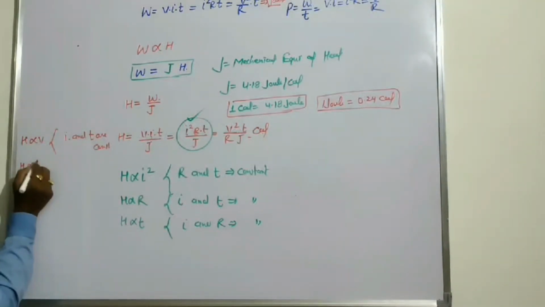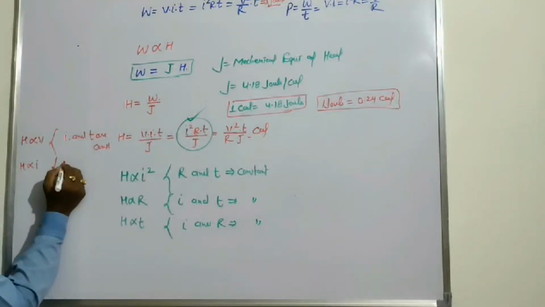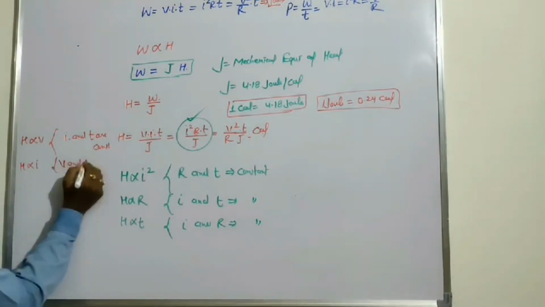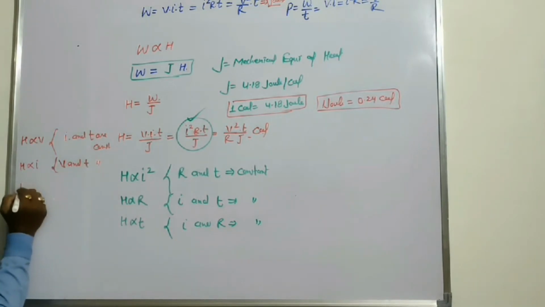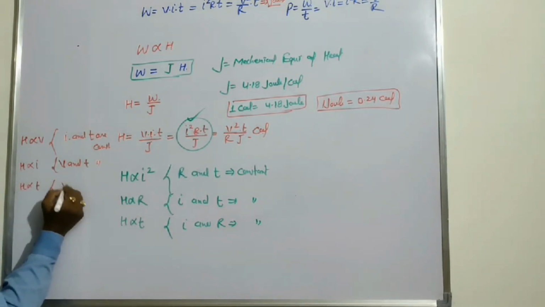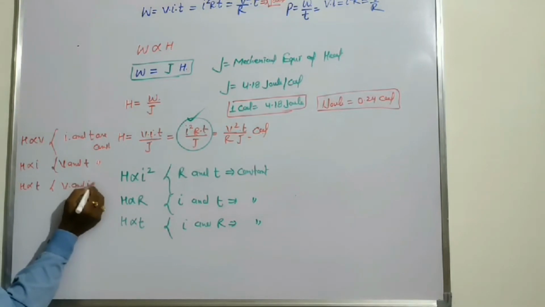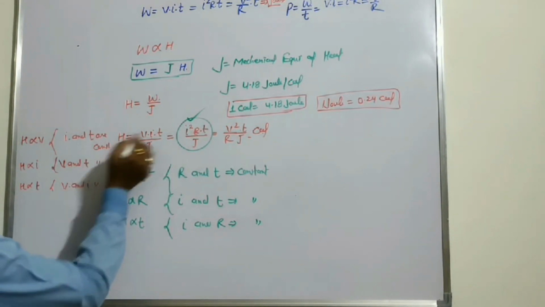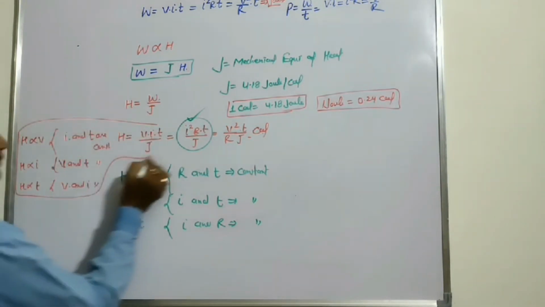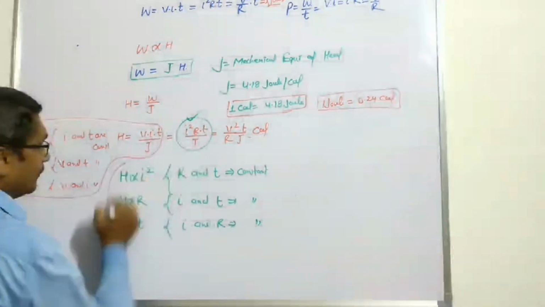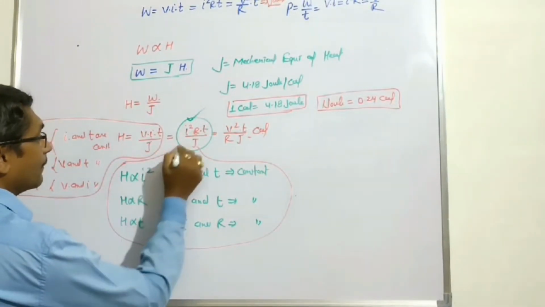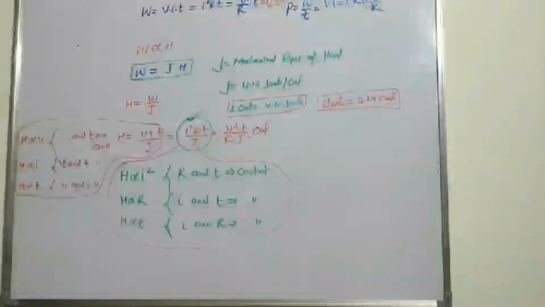H is proportional to I when V and T are constant. H is proportional to T when V and I are constant. Okay. So this is related to this formula and this is related to this formula.